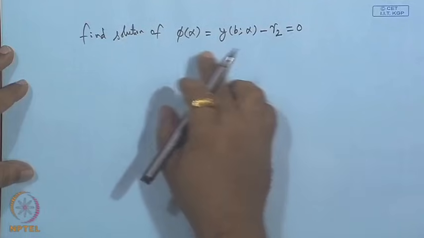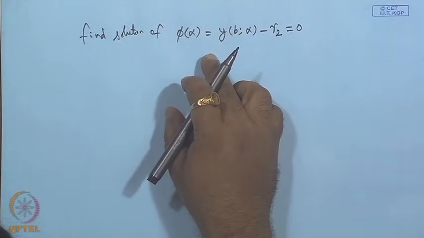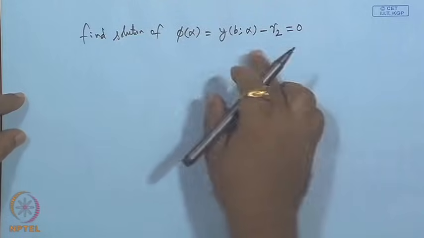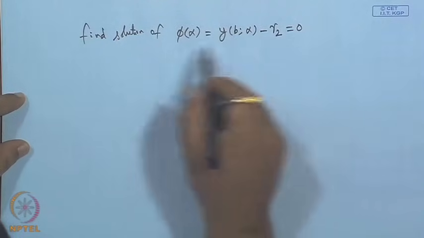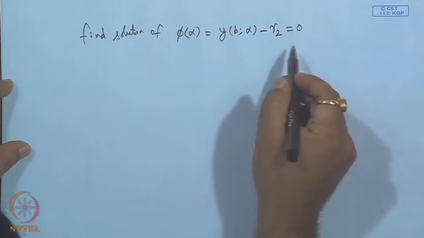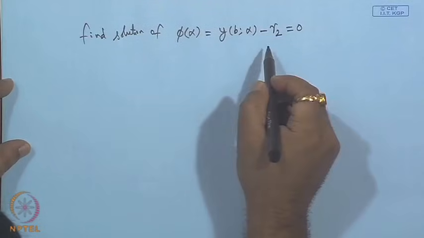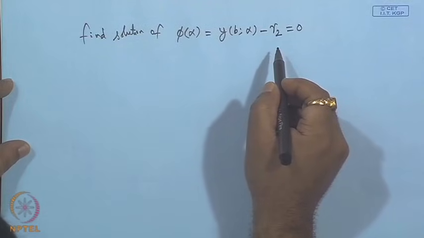That means find the roots of the equation phi of alpha. So, we treat this as some nonlinear equation. We know several methods to find the roots of this equation.